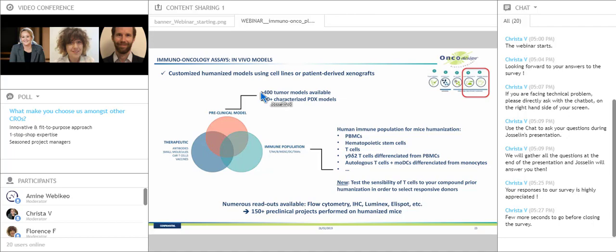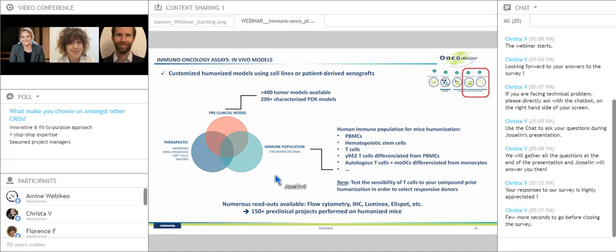Since we have been doing tumor models for more than 20 years, we have developed more than 400 tumor models, and now we have more than 200 characterized PDX models.